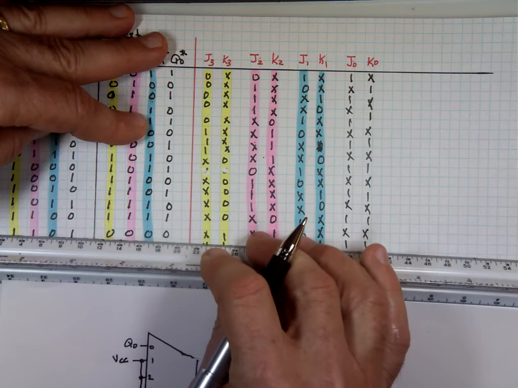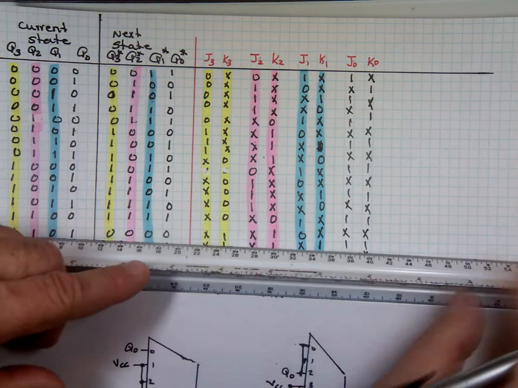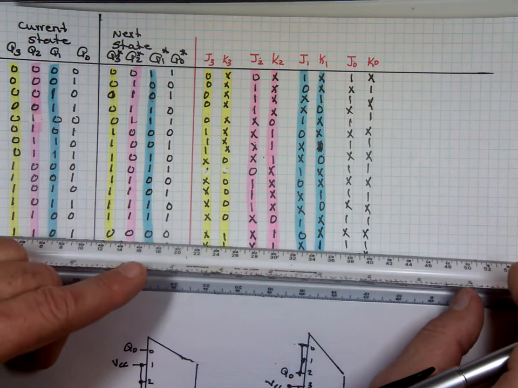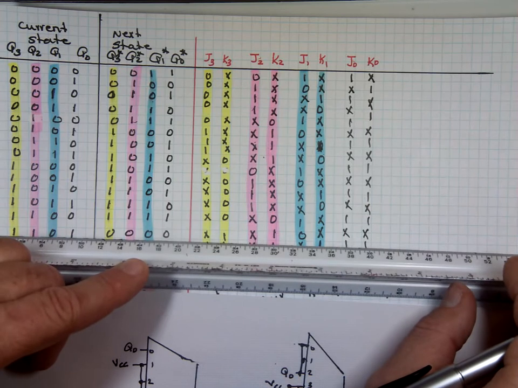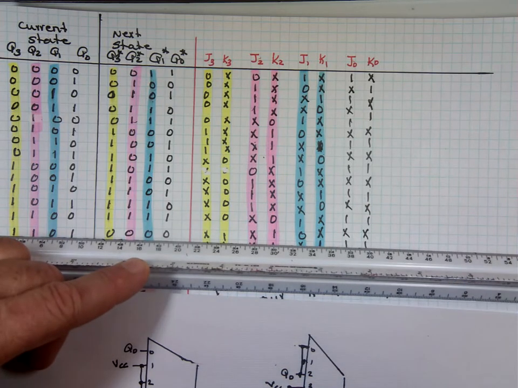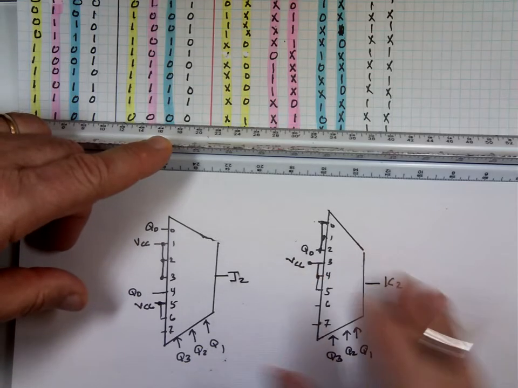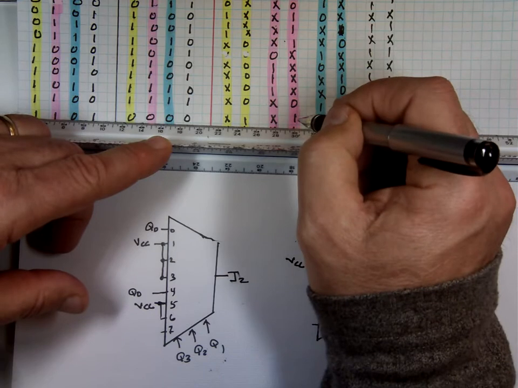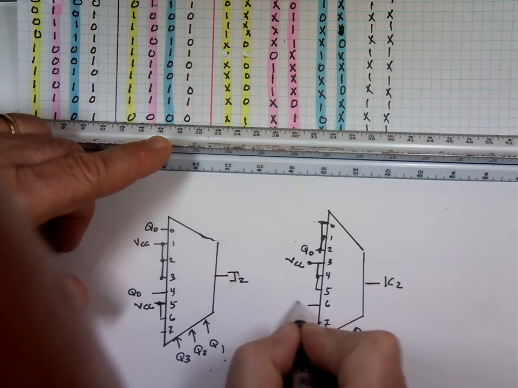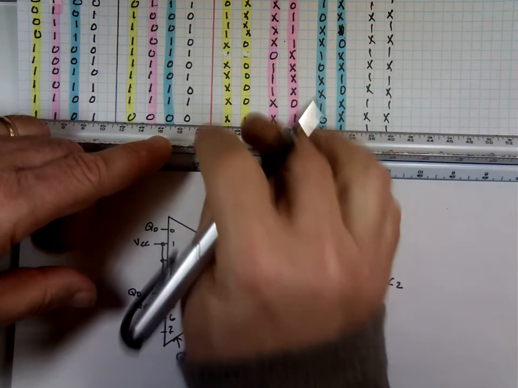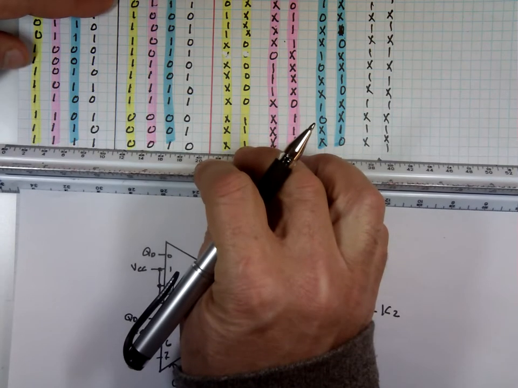1, 1, 0. Don't care here, so go VCC. And the other one, 0, 1, which means the same as Q0. 1, 1, 1, can you see? Uh-oh.